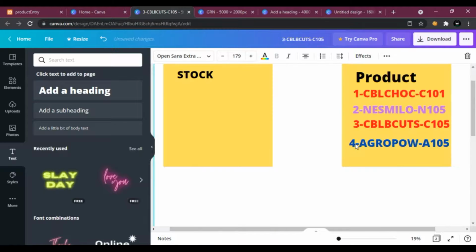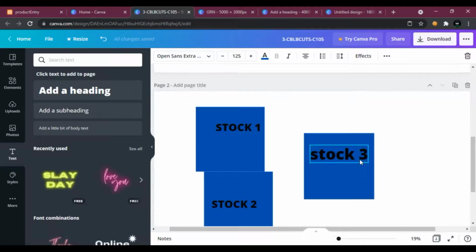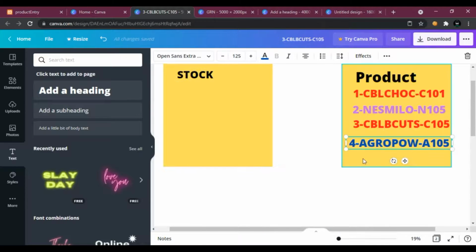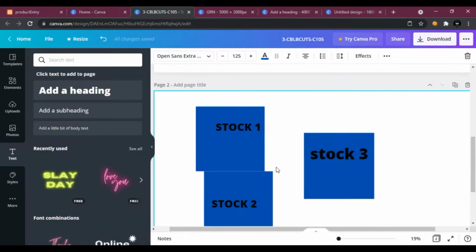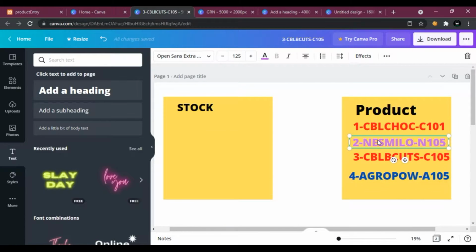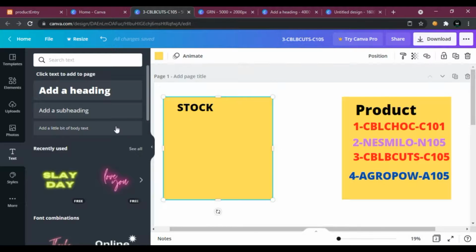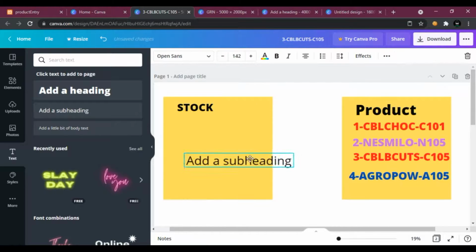So let's say stock 3 contains powders, the chili and the other stuff, and stock 1 contains Milo, and stock 2 contains biscuits and chocolate. So now I think we can understand things.